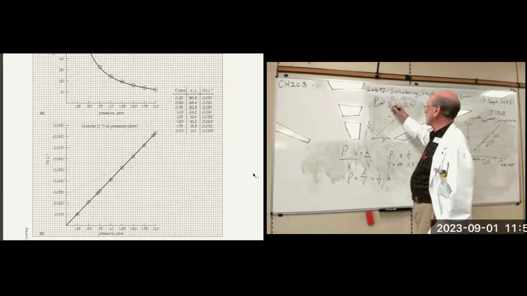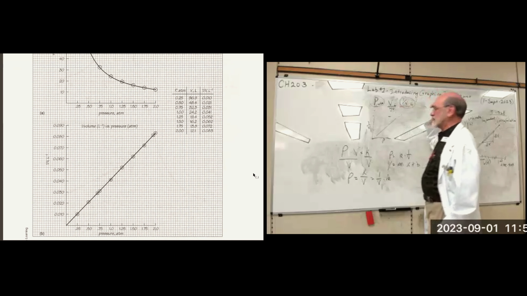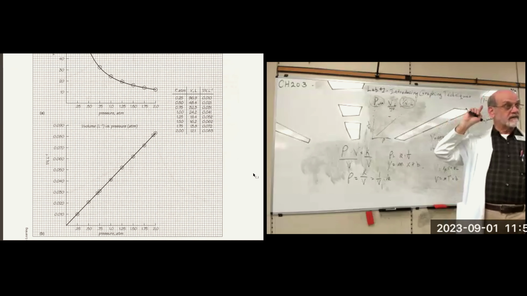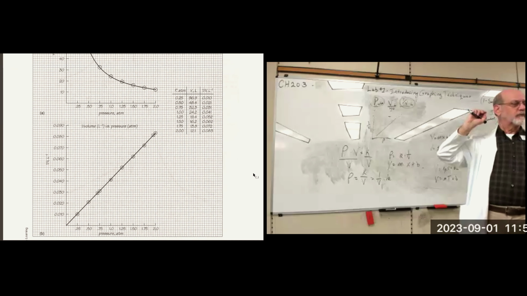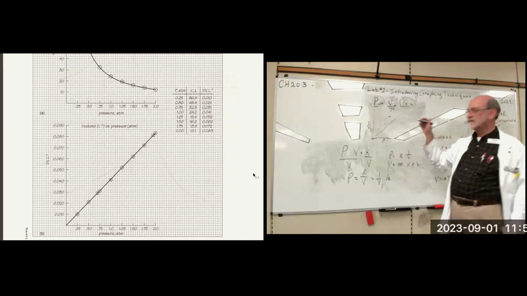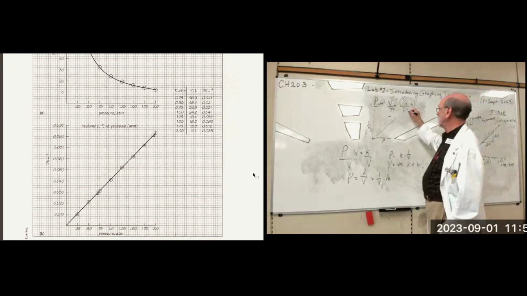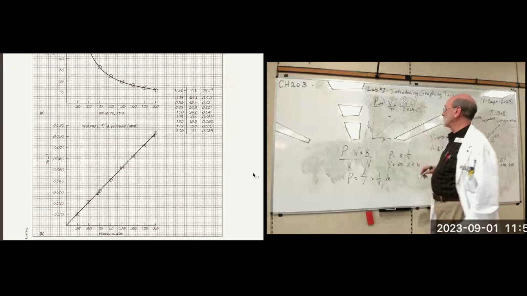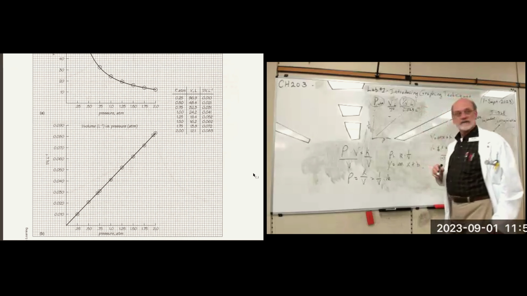If we had 40 atmospheres here, what would that be? 1 divided by 40? 1/4 is 0.25. 1 over 40 is 0.025 reciprocal meters. You can check me out on your calculator.